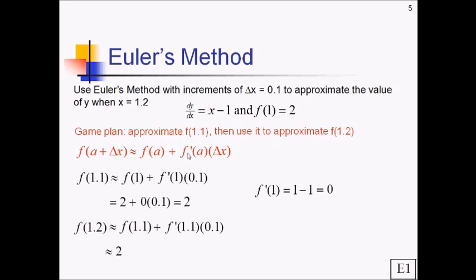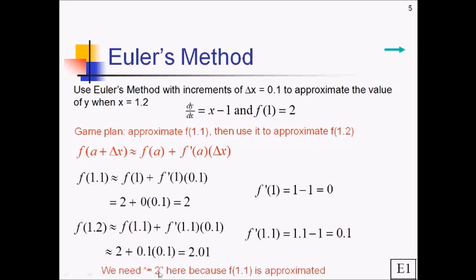That's going to be 1.1 minus 1, which is 0.1. So then we're adding 0.1 times the step size, which also happens to be 0.1. So this is 2 plus 0.01, which is 2.01. And again, if you're wondering why we have an approximate versus an equals, we needed approximately 2 here because f of 1.1 was approximated, whereas f of 1 up here, we knew the exact value of it.